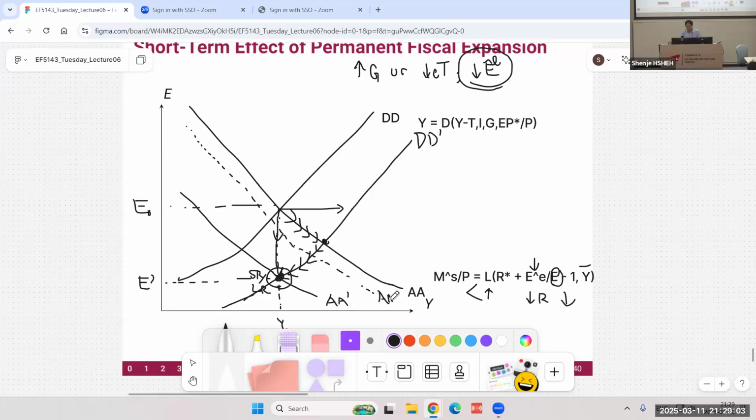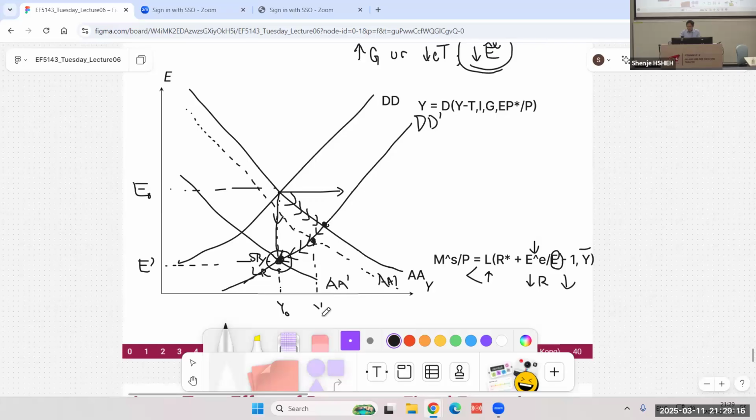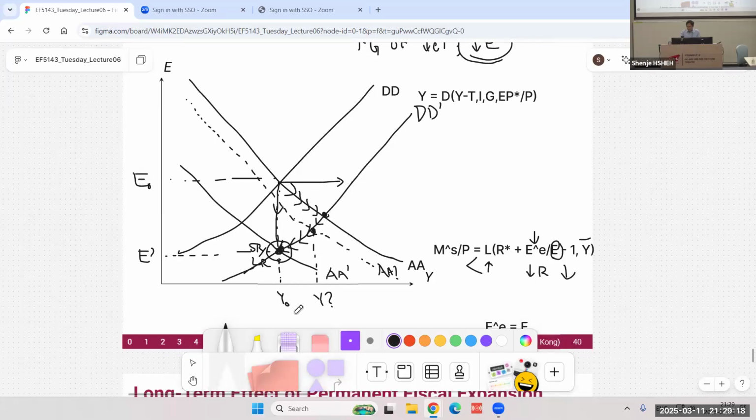So I'm going to put a question mark. So if we still want something, then the intersection would happen somewhere between this point here and this point here, and we get some output Y question mark, right? That's the question. Does the AA schedule shift down just a little bit, somewhere between this point and this point, such that we get something? And does that something lead to a contradiction, right?